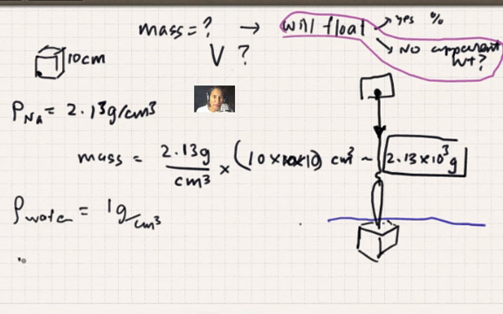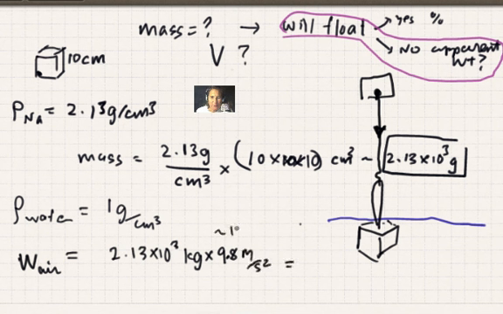If I were to weigh this, the weight in air is 2.13 times 10 to the third kilograms times 9.8 meters per second squared, which is roughly 10. We were using 10. So roughly 2.13 times 10 to the fourth newtons would be the weight in air.